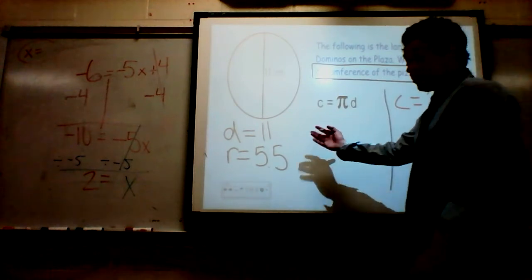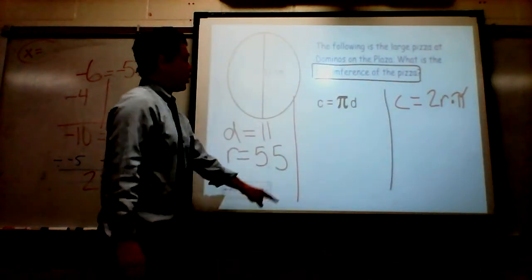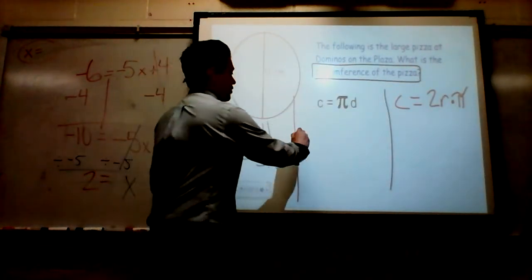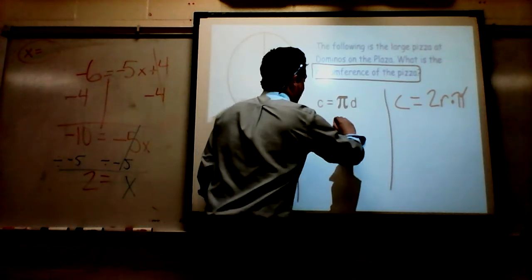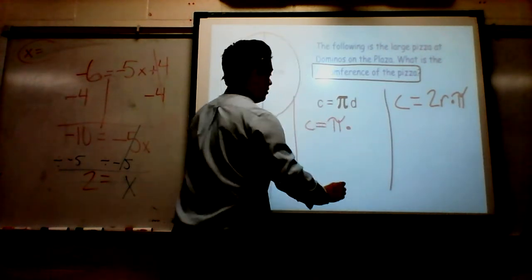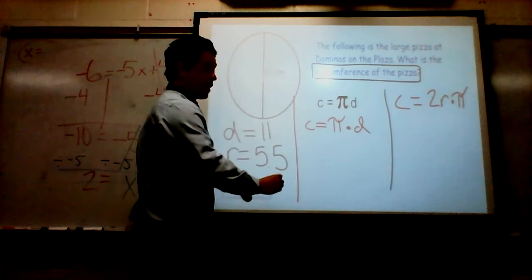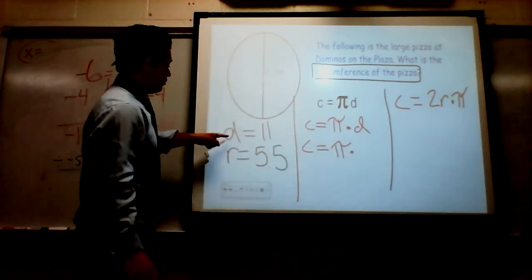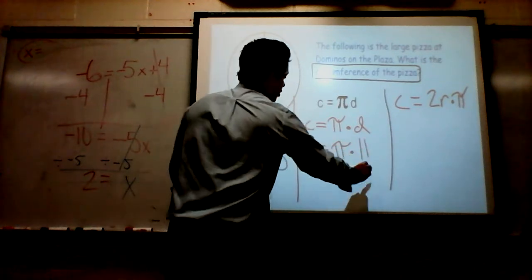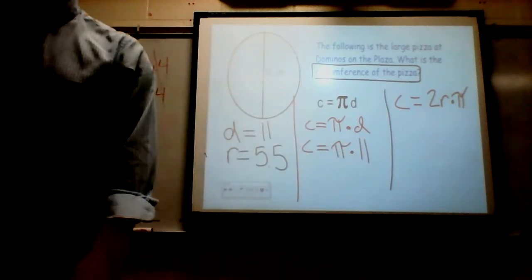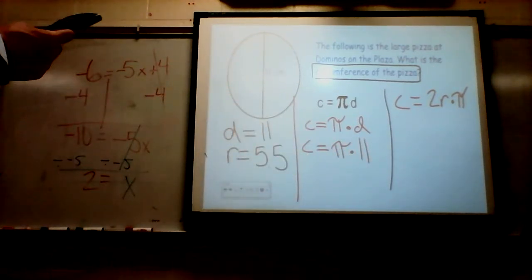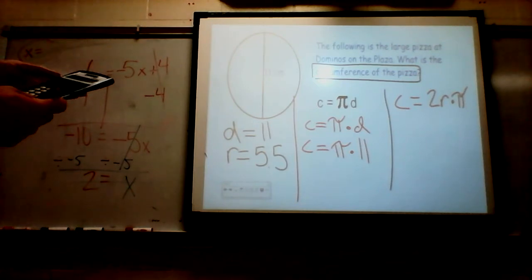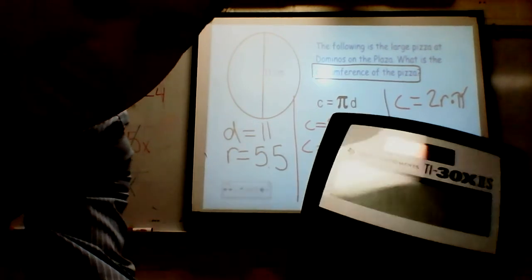I'm going to use the first formula here. So, to find the circumference, we multiply pi times the diameter. In this case, we know the diameter. The diameter is 11. So to determine the circumference, we multiply pi, and on your calculator, you can see the pi button.